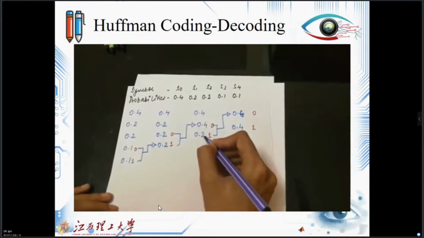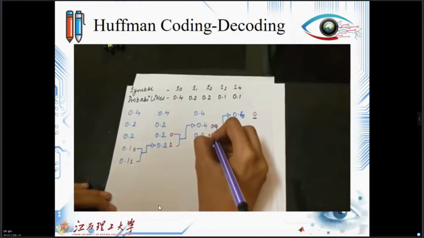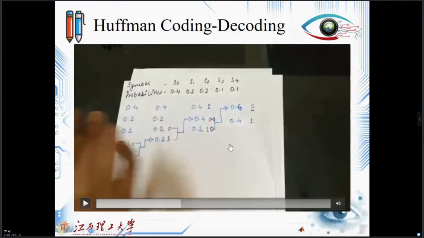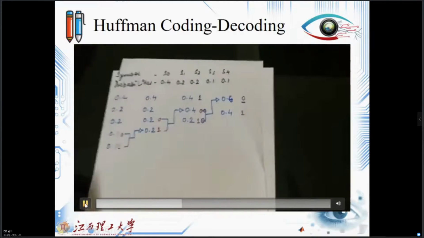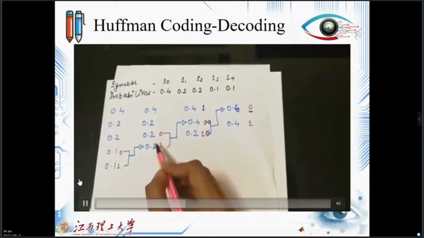Now we should come back and see. From the previous step related to 0.6, we had these two numbers, and 0 was the value. I will put the 0 here. 0.4 was 1 and remains. I continue. Again, for the lowest one, the 0 I had here, I will add that 0 here.